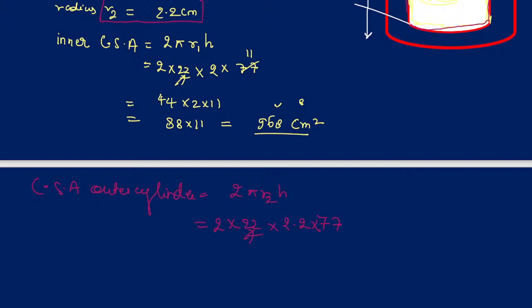7 ones are 7, 7 ones are 7. You have to multiply 2 into 22 into 2.2 into 11.